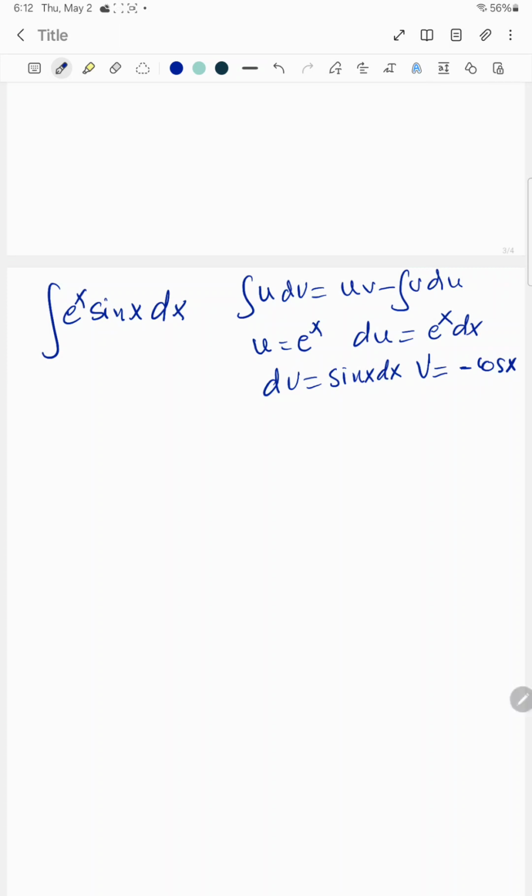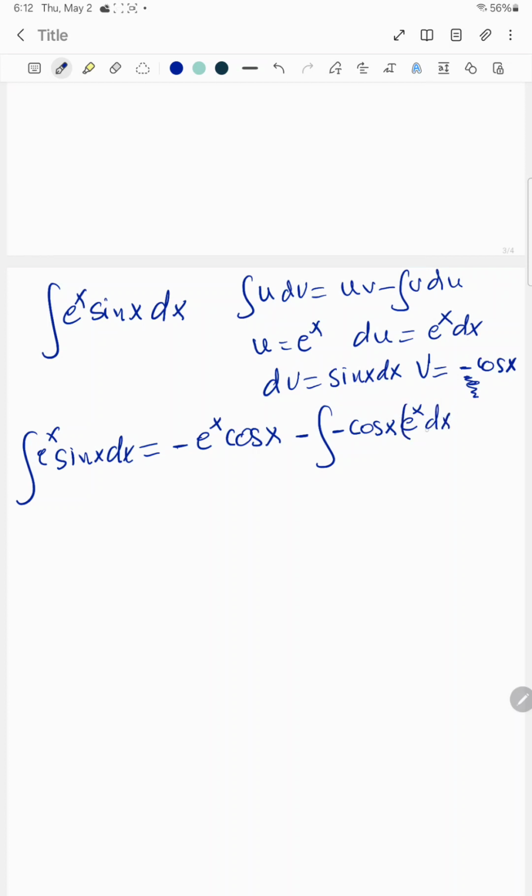So I will apply the formula here. I will recopy: the integral of e^x sine x dx is equal to u times v, which is minus e^x cosine x, minus, because here my v is a minus, the integral of v du, minus cosine x, and my du is e^x dx. Okay?